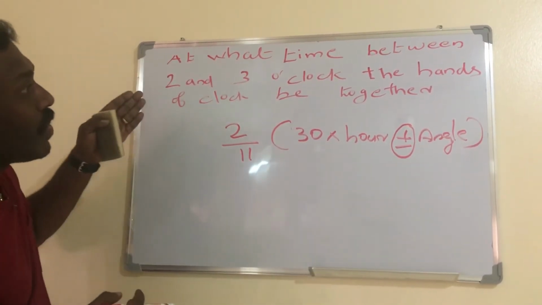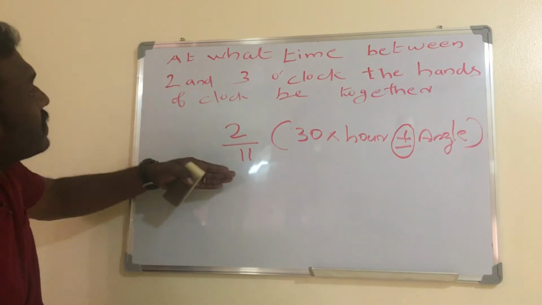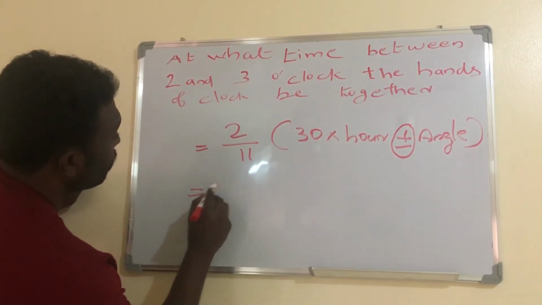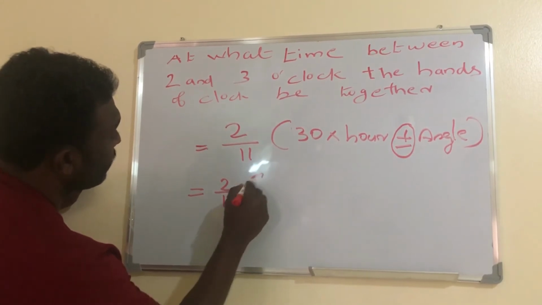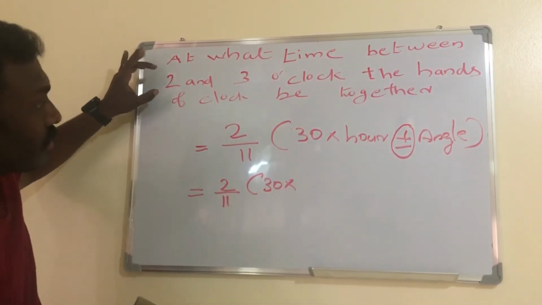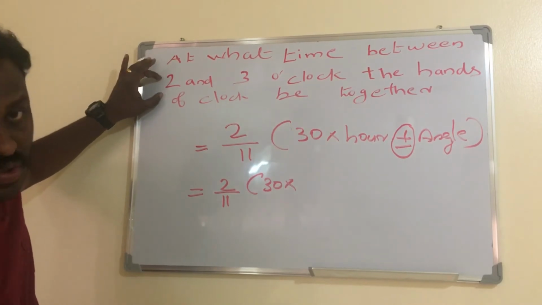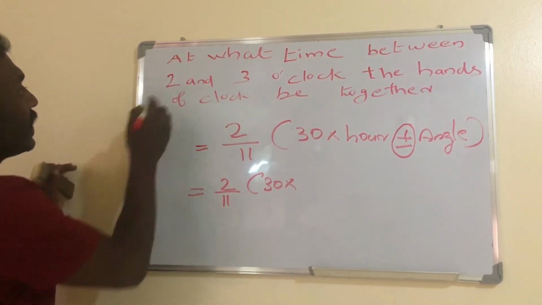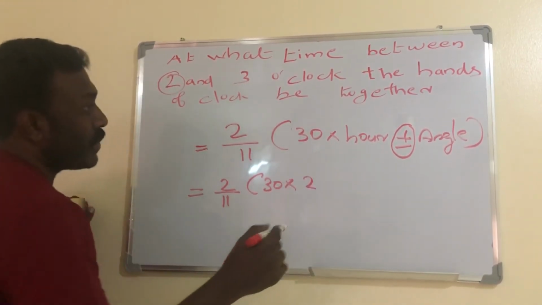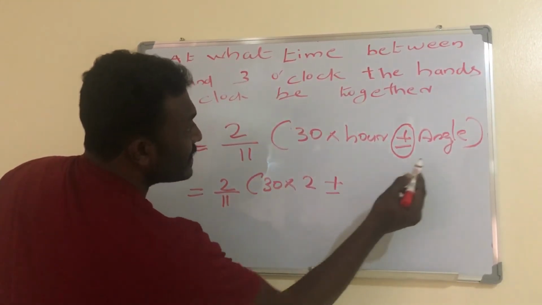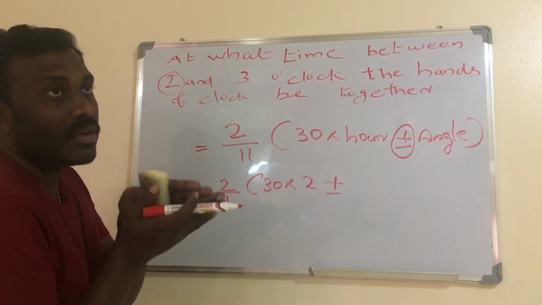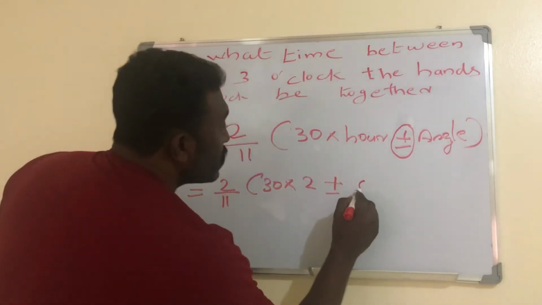When I say coincide or together, the angle will be 0.